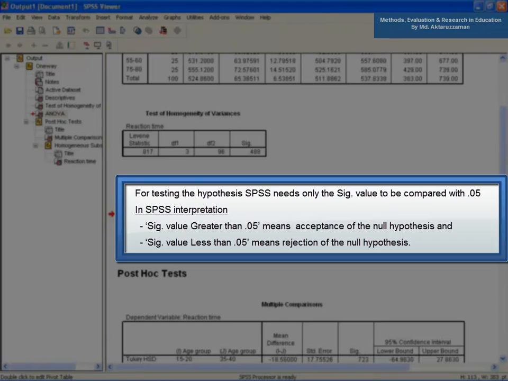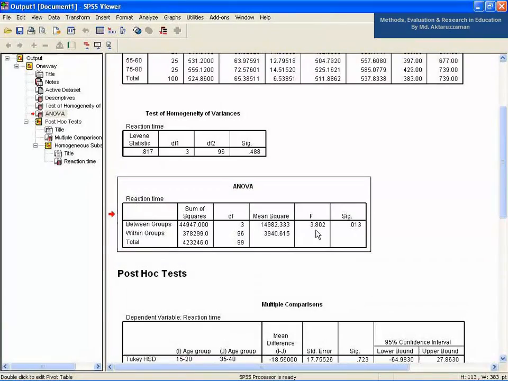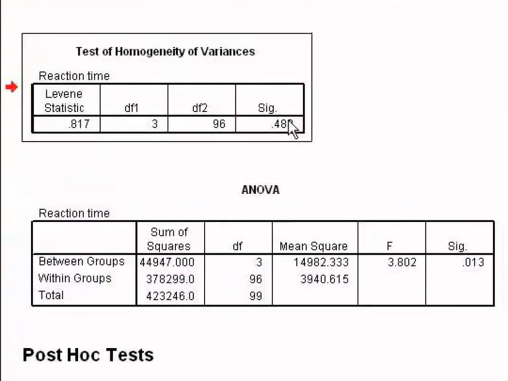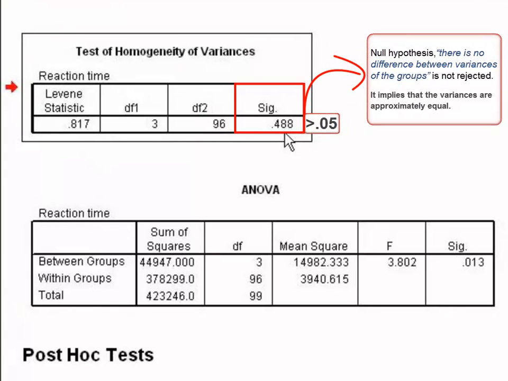The details of it are described in chapter 10 of the book. In case of homogeneity of variance test, sig value 0.488 is greater than 0.05, which implies that the null hypothesis, which is there is no difference between variances of the groups, is not rejected. It implies that the variances are approximately equal.